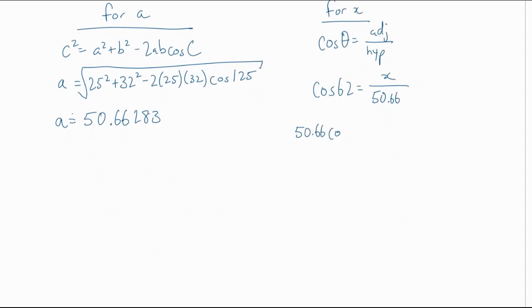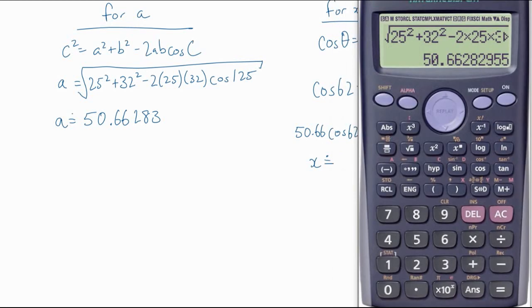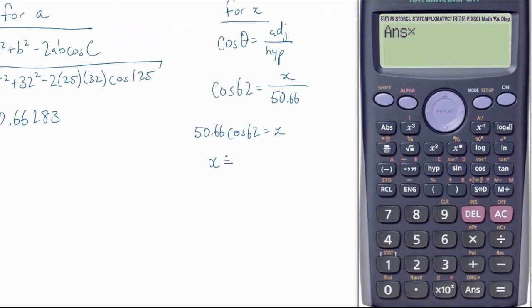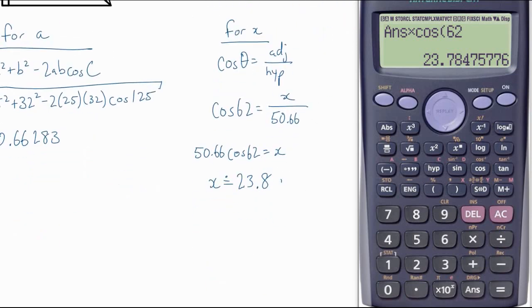And this is the part that hopefully we just know how to do, the solving part. So I'm going times cosine of 62. And that gives me 23.78, which is 23.8 centimeters.